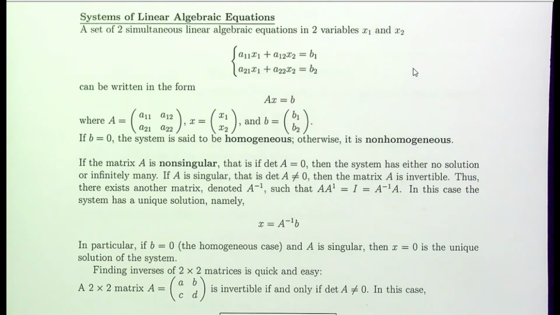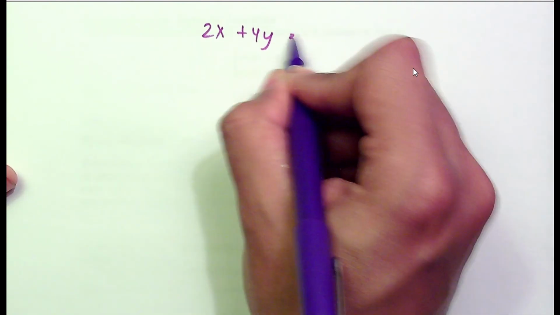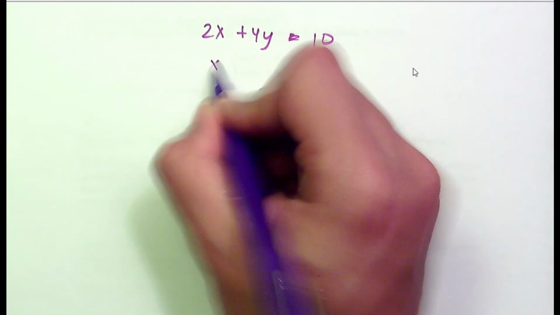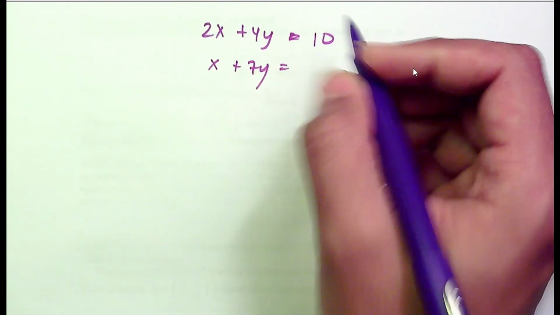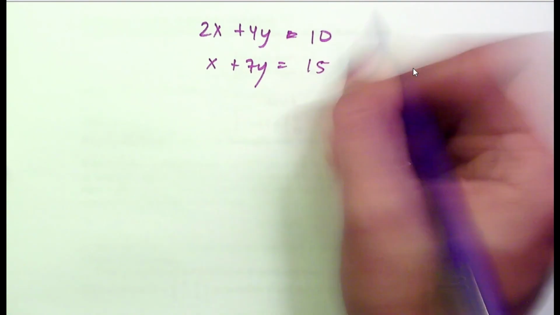Finally, we talk about how matrices can be used to encode systems of linear equations. So if you have a system of linear equations, let's make something up, such as 2x plus 4y equals 10, and x plus 7y equals 15.